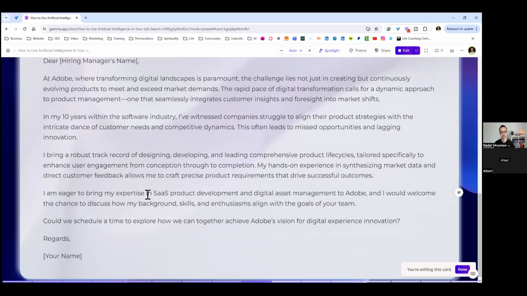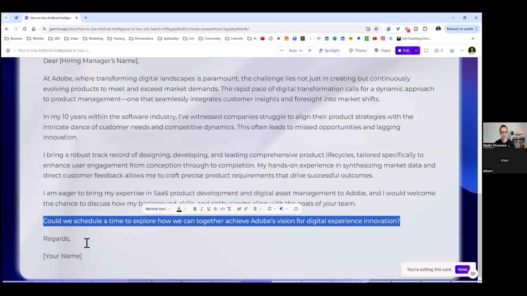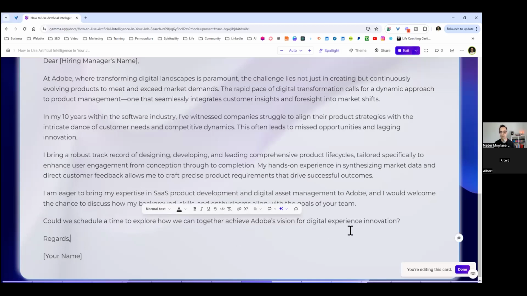I'm eager to bring my expertise in SaaS product management and digital asset management to Adobe, and I would welcome the chance to discuss how my background, skills, and enthusiasm align with the goal of your team. Could we schedule a time to explore how we can work together to achieve Adobe's vision for digital experience innovation?